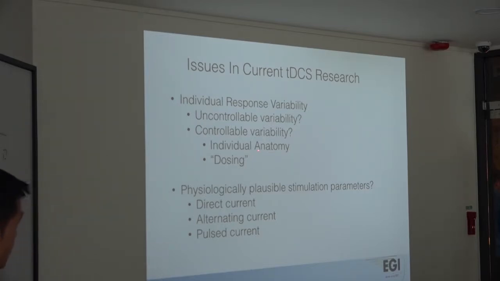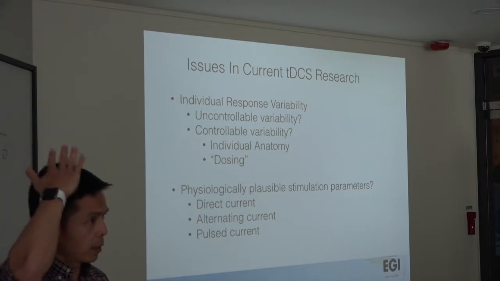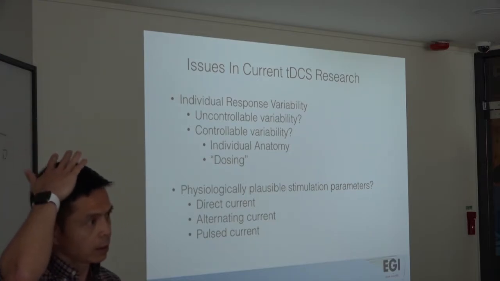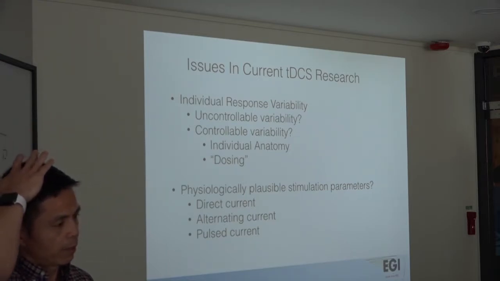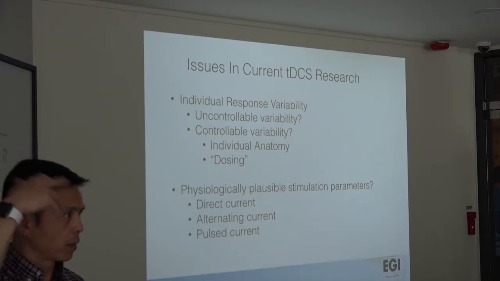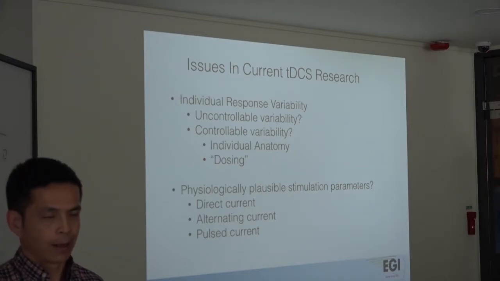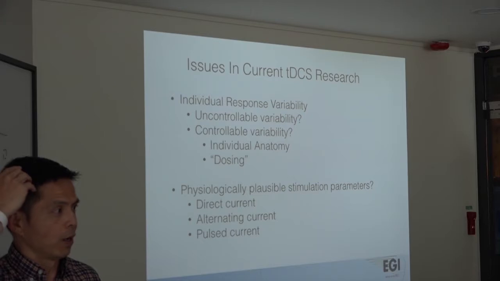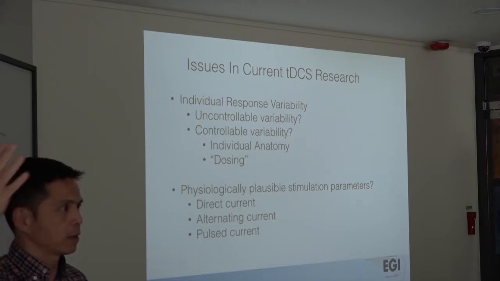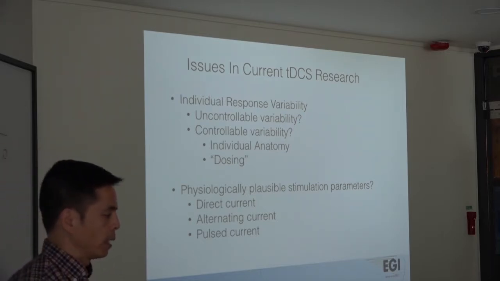Maybe it's because there is controllable variability, meaning things that we can control but we don't at the moment. The first is the individual anatomy. Remember when I said you place an electrode here and you think that you're hitting that area, but current can flow anywhere. And if you don't know, you don't know. And maybe that's the reason why it's so different for everybody.